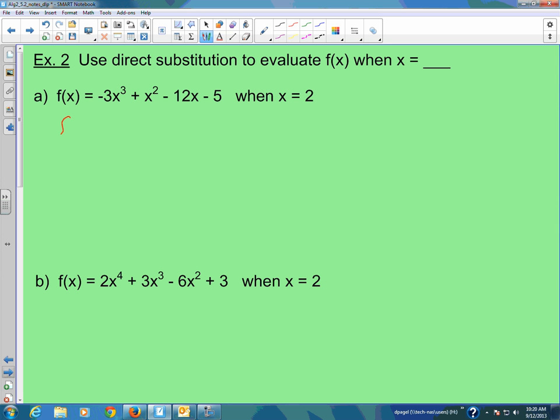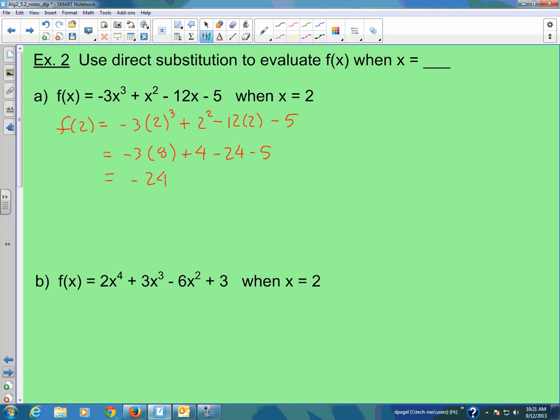So this is the direct substitution. This is what we're familiar with. We just simply replace every x with a 2. And if we did that, we get -3 times 2 to the 3rd, which is 8, plus 4 minus 24 minus 5.